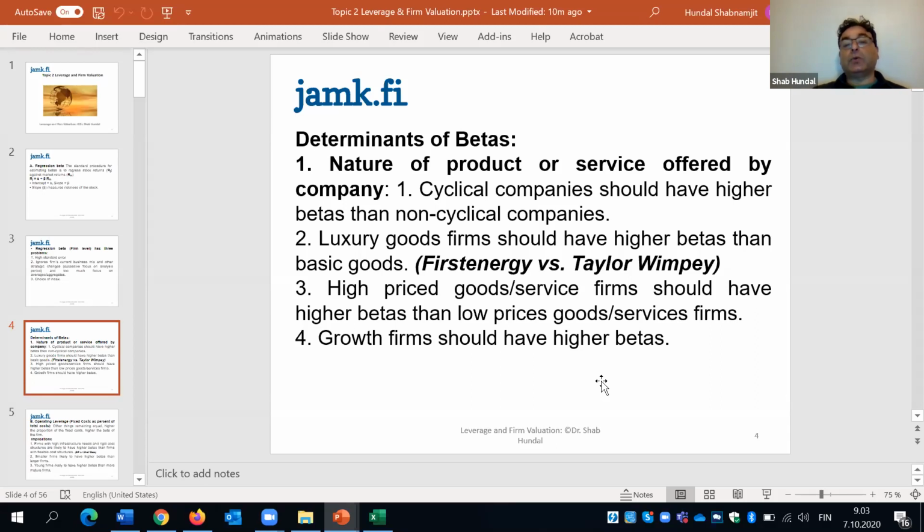Same way, luxury goods have a higher beta. Why so? Because if luxury goods become cheap, they attract more customers. Those people who used to think that this luxury product is beyond my reach start thinking that now it's achievable. We use a phrase in economics that luxury goods are more price and income elastic.